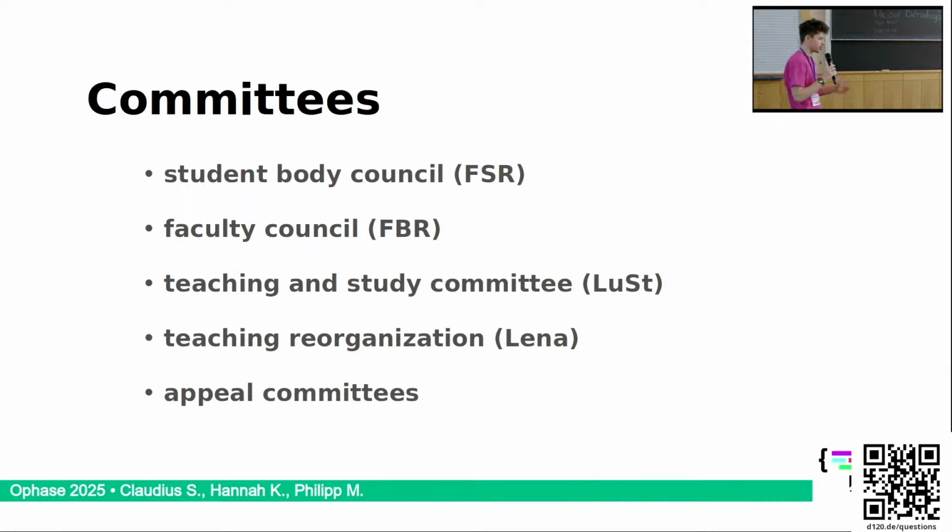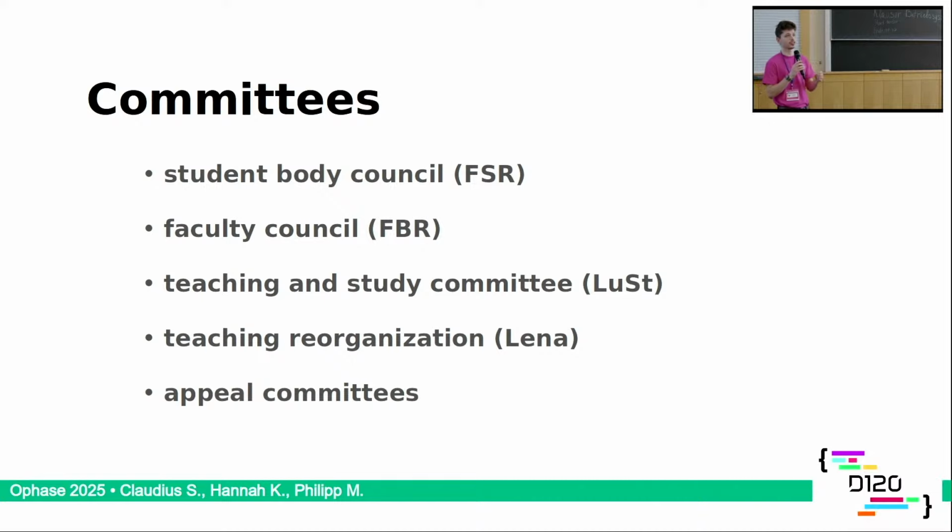There are different committees that we are in and that we try to manage and get people into. The first of all is the student body council I already mentioned. 9 students are elected there. Then there's the faculty council, which decides on different things, on professors, on changes in the teaching and more.